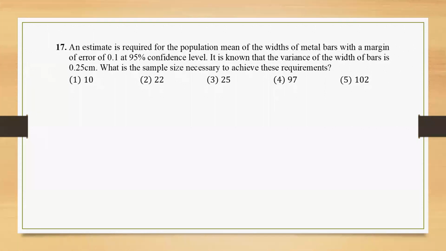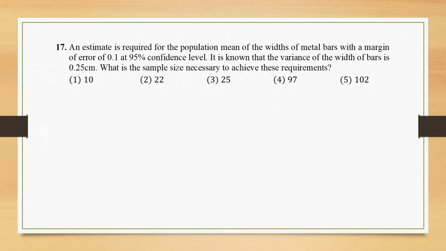So at 95% confidence level with a margin of error of 0.1, we need to do the estimation. The confidence level must be 95% and the margin of error must be 0.1.